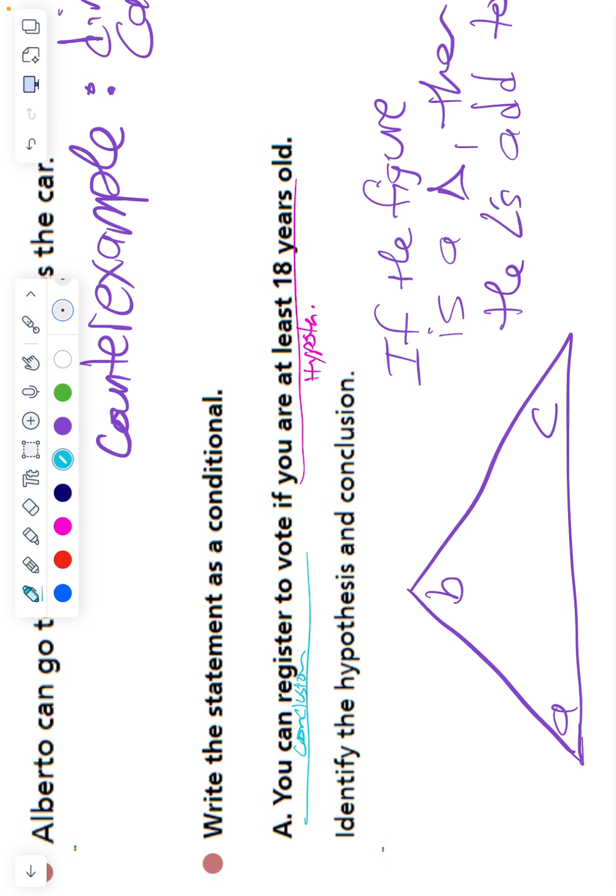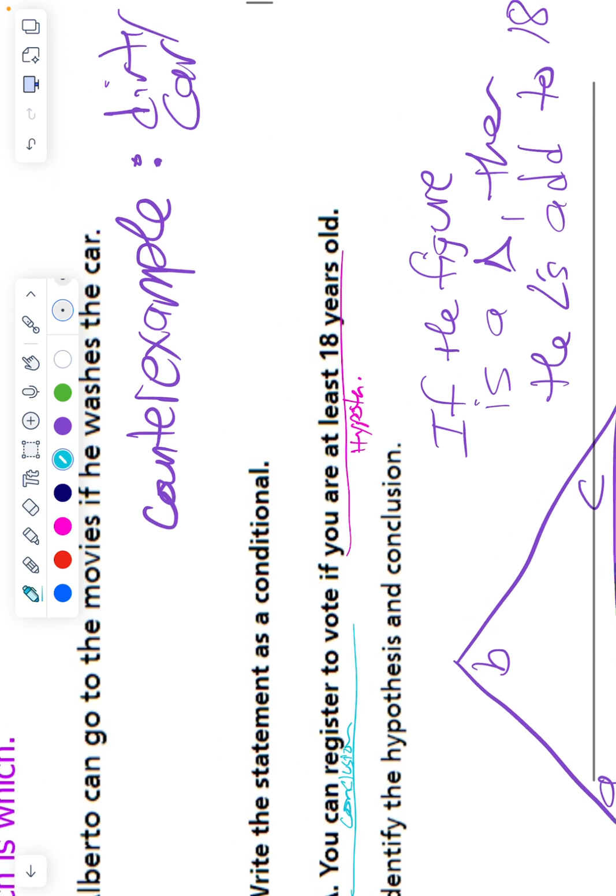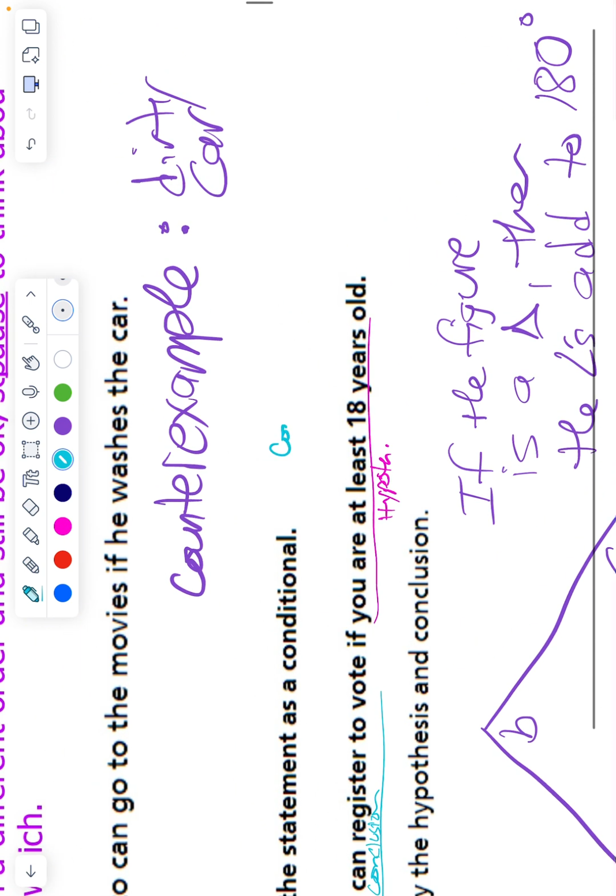So we switch the order of the conclusion and hypothesis. So the converse, I'll write it up here. If you what? Now the original conclusion has to be the new hypothesis. The original conclusion was that you can vote, so now that's our new hypothesis.